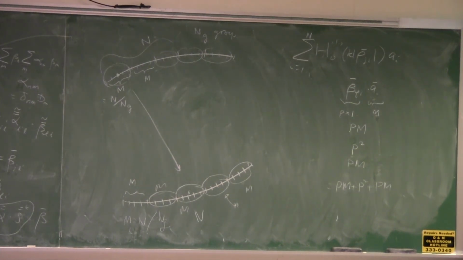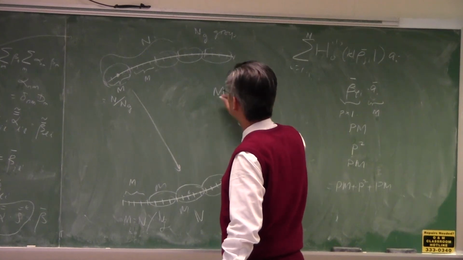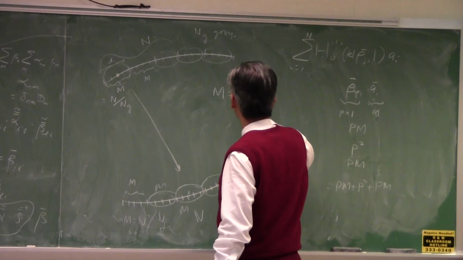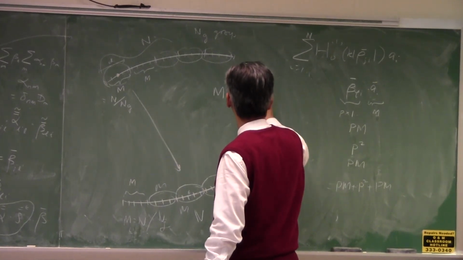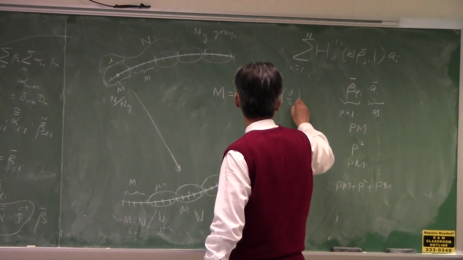So we usually take m to be larger than 2 points per wavelength, maybe 5 points per wavelength, 10 points per wavelength. So m is roughly proportional to, if I take this size to be d, m is roughly proportional to kd, which is 2 pi times d over lambda.